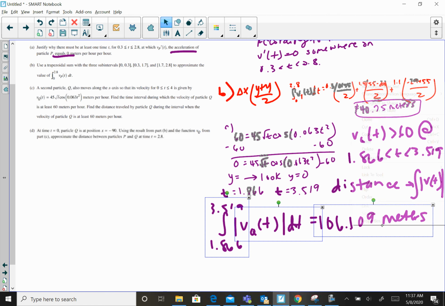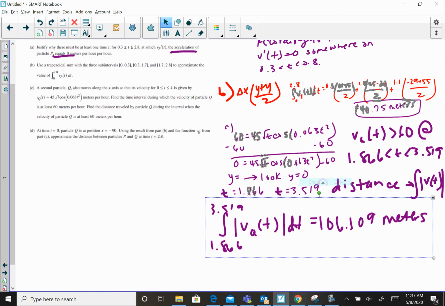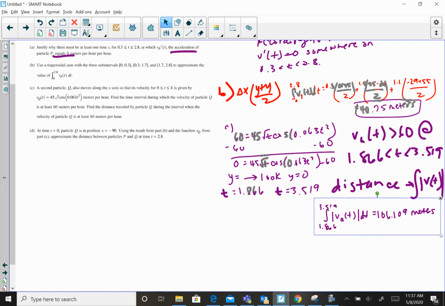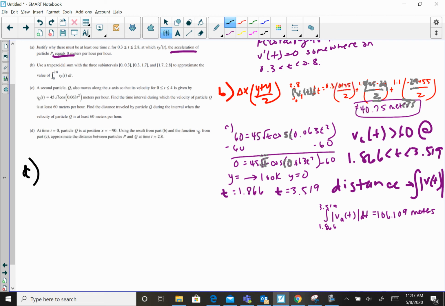All right, last part. Part D. At time t equals 0, particle Q is at position x equals -90. Using the result from part B and the function VQ from part C, approximate the distance between the particles.